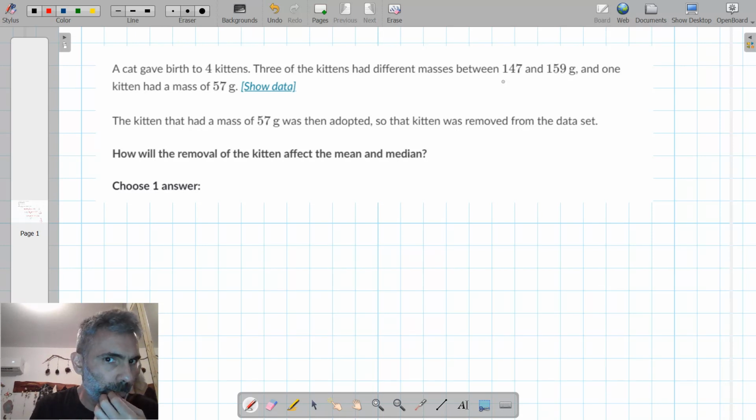Okay, so for the mean, it's obvious that when we remove 57, it will cause the mean to increase.